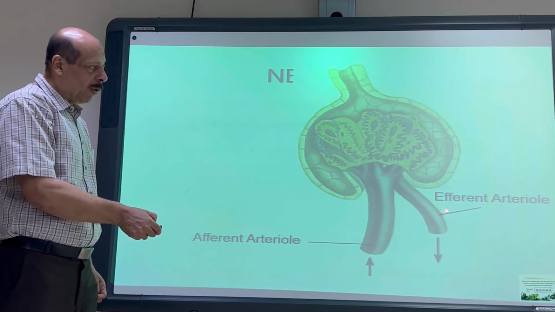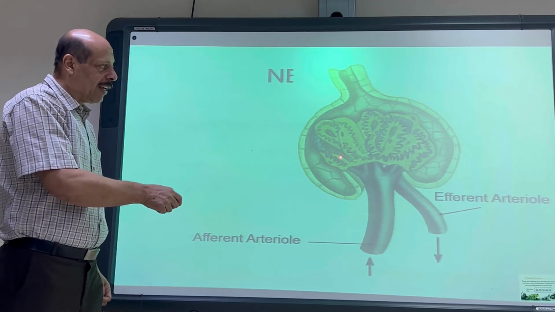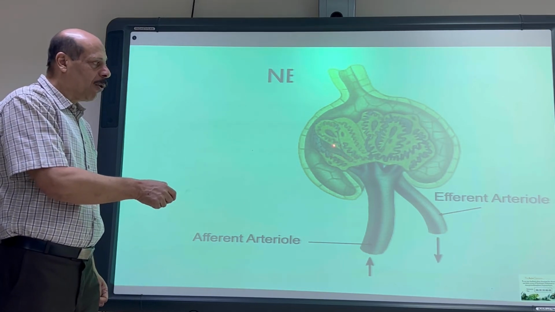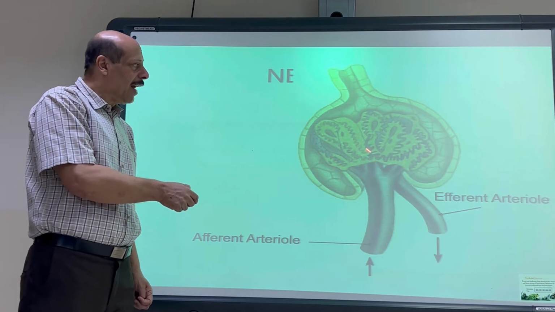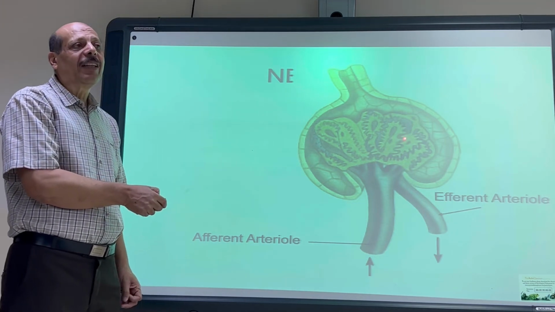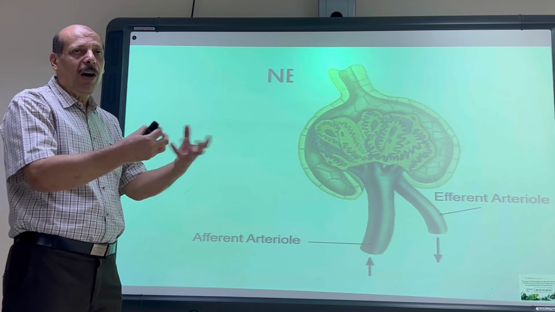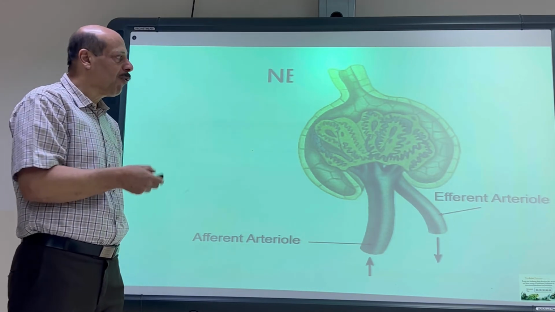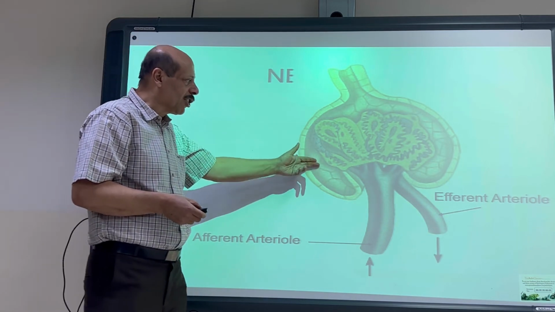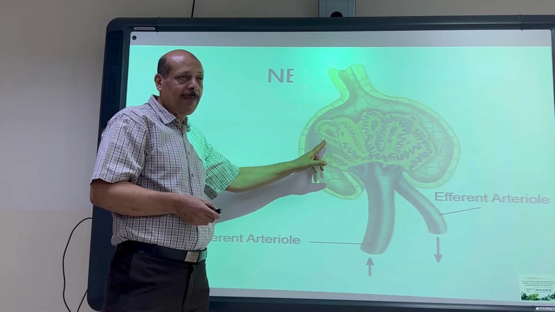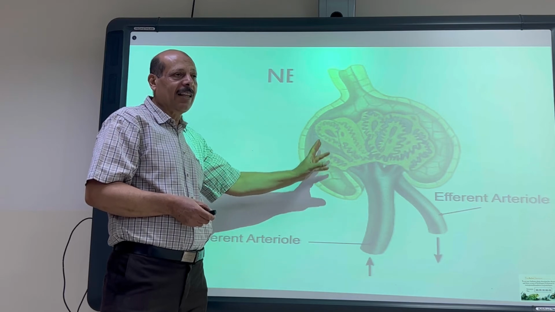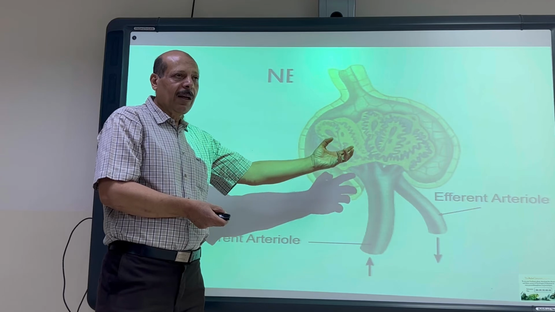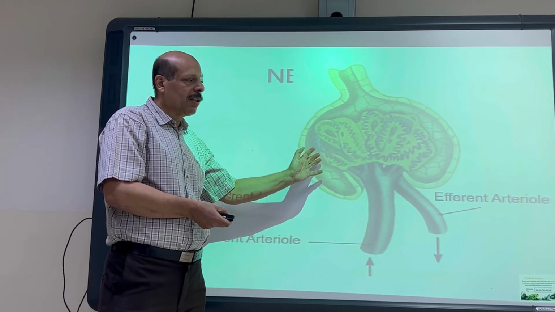Here it is small, so this will create, as we said, more pressure here. And those arterioles here are thin arterioles, so it will lead to escaping of fluid due to the high pressure. It will escape from the high pressure to the lower pressure. The pressure outside the blood vessels here in the Bowman capsule is low. So the fluid is going from high pressure to the lowest pressure.